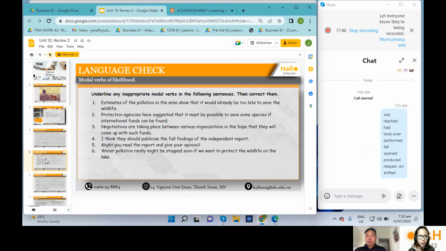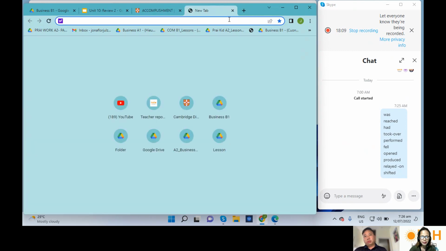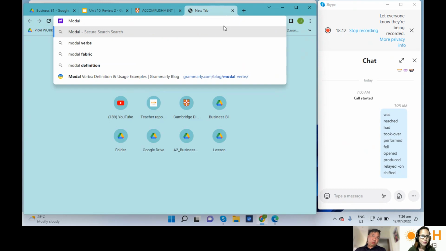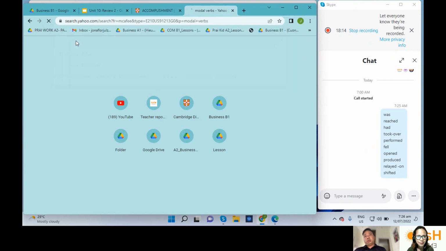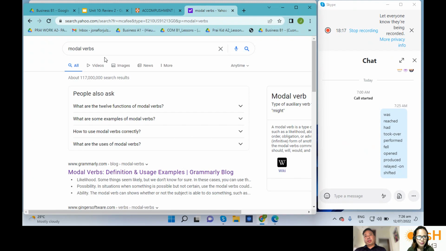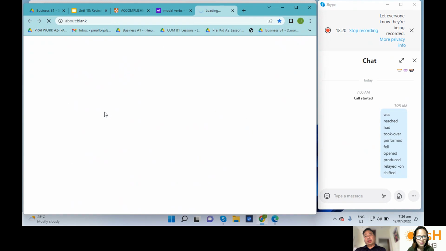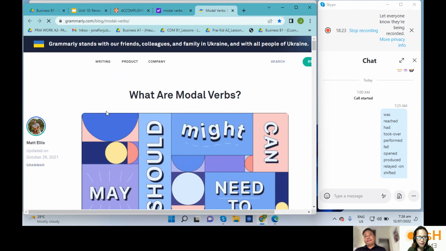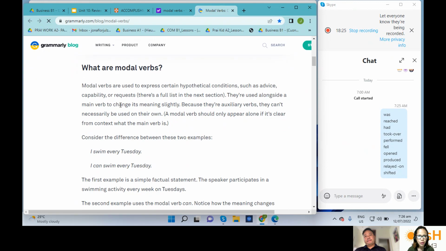Underline the appropriate modal verbs in the following sentences, then correct them. Do you know what modal verbs are?